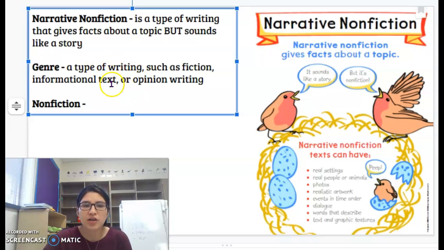Okay, so genre is a type of writing, like fiction, which means fake, informational text, or opinion writing. It's just different types of writing, like fantasy, fables, okay?